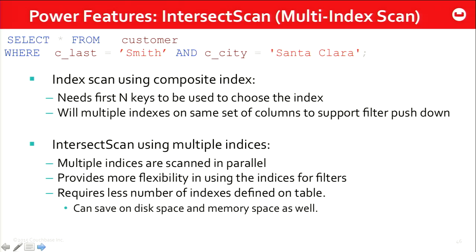That's what we call the index intersect. This can save disk space and memory, and if the indices live on distinct nodes, these things get parallelized. Even if the indices live on the same node, because these are different indices, the scans on those indices are happening in parallel.